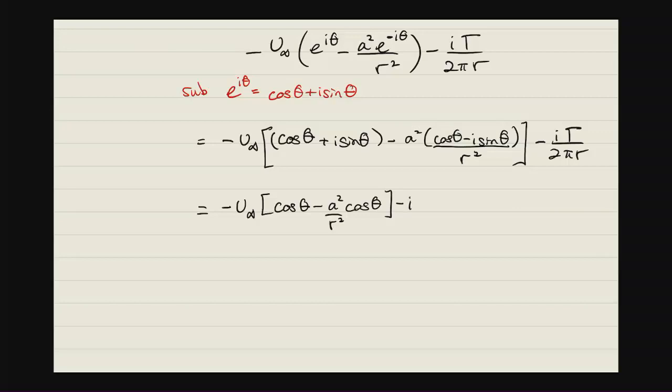Minus i, all my imaginary terms: U infinity sine theta plus A squared over R squared sine theta plus gamma over 2 pi r.